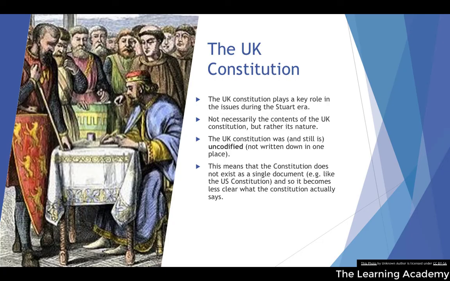So it becomes less clear what the Constitution actually says, which is really where the issues start to come up. So because it's not very clear what the Constitution actually clearly states, the UK Constitution is open to interpretation and disagreement, and we'll see that becomes a big issue during the Stuart era.